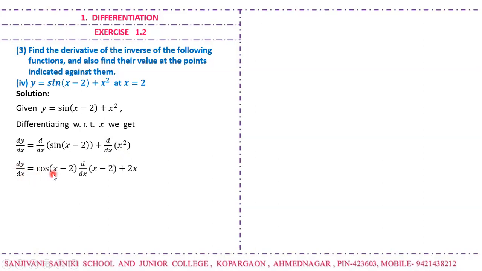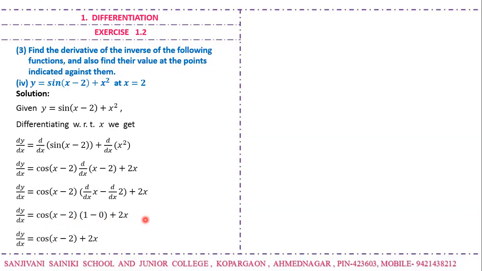So dy by dx is equal to cos of x minus 2 into d by dx of x minus 2 plus 2x, because here we have used the formula: derivative of sin f of x is cos f of x into f dash of x. Now d by dx of x minus 2, derivative of x minus derivative of 2. So we get cos of x minus 2 plus 2x is the derivative of y with respect to x.